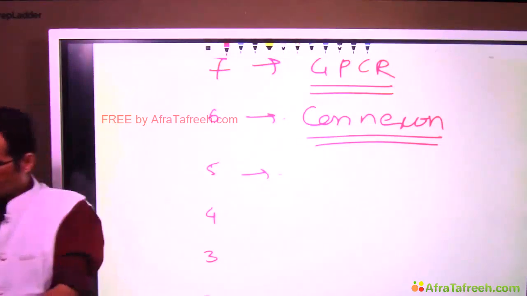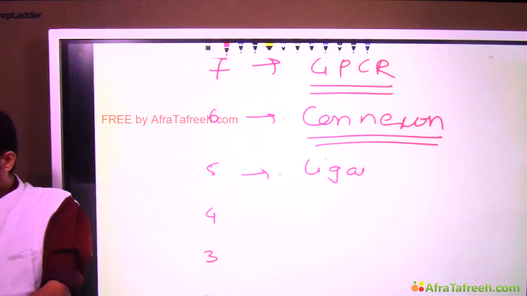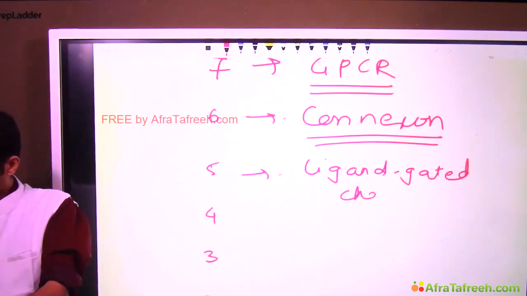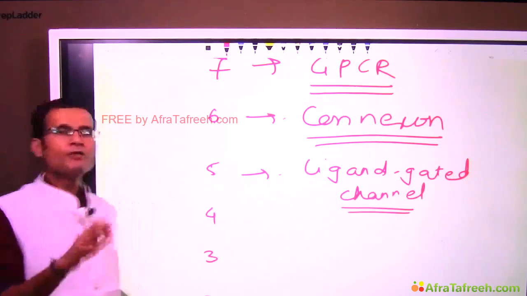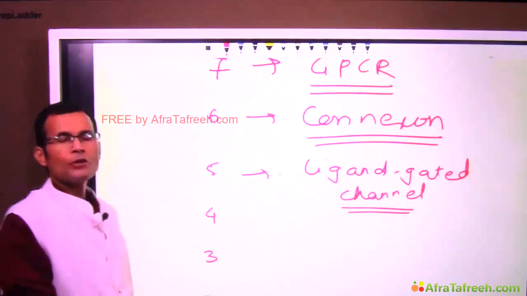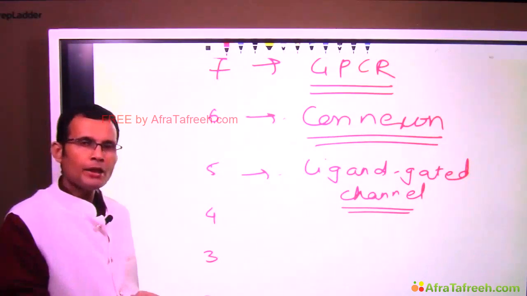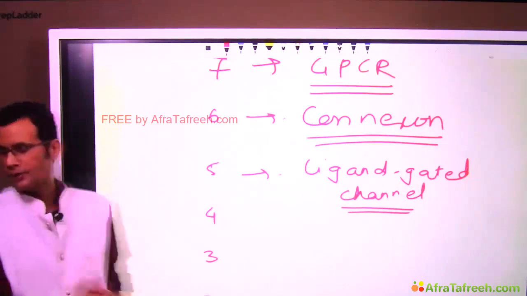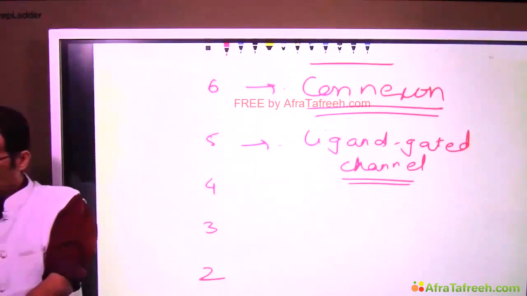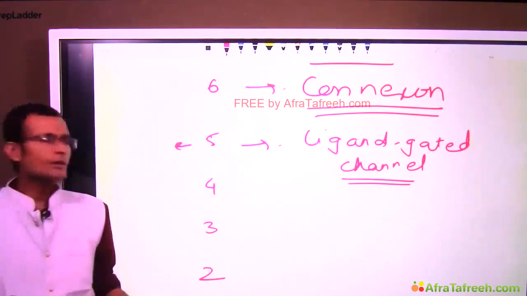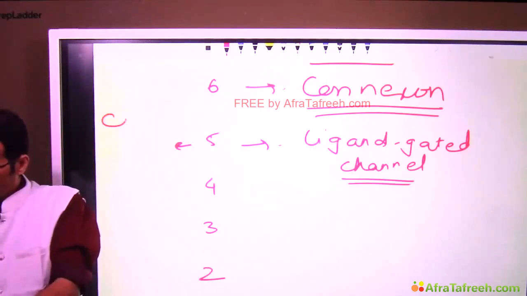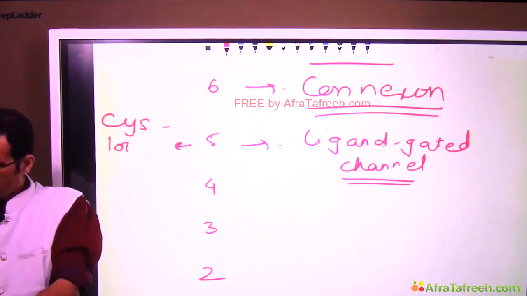5. Ligand gated channels are pentameric proteins with 5 subunits. Okay, so GABA A, nicotinic acetylcholine receptor, these are all pentameric proteins with 5 subunits. By the way, these receptors are also called cis loop receptor.